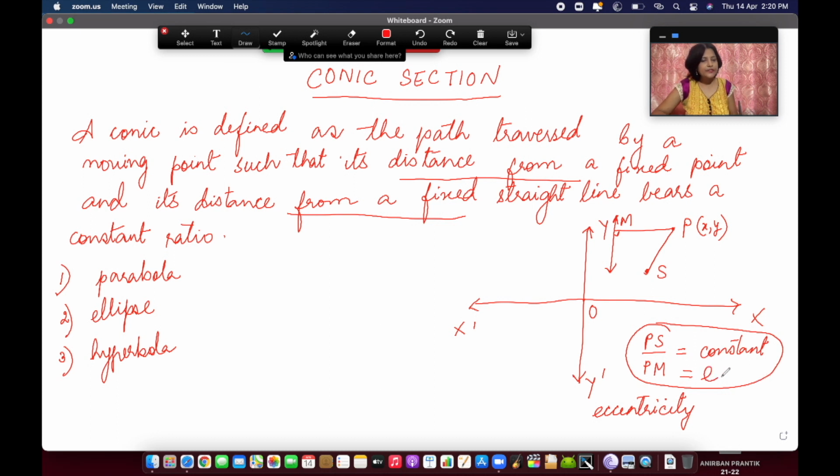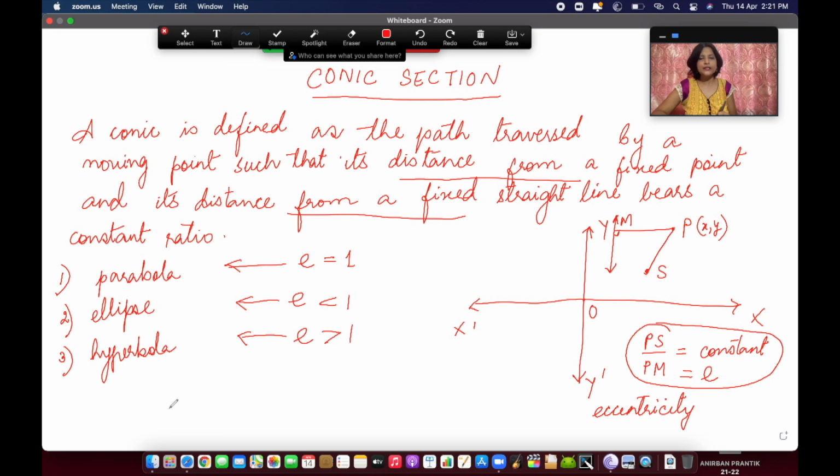So if this value of e is equal to 1, we get a parabola. If the value of e is less than 1, we get an ellipse. And if this value of e is greater than 1, we get a hyperbola.